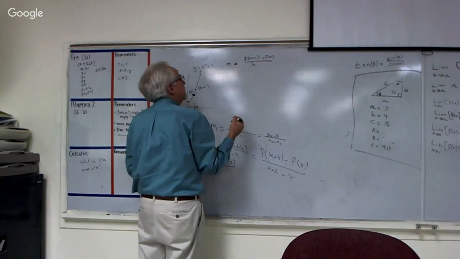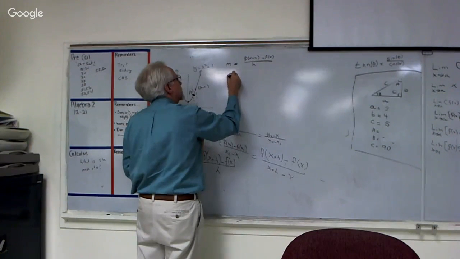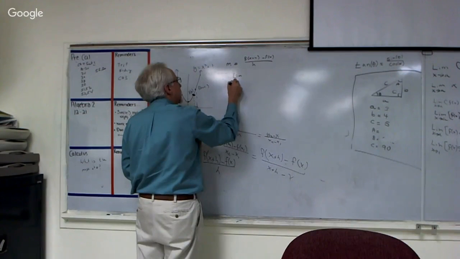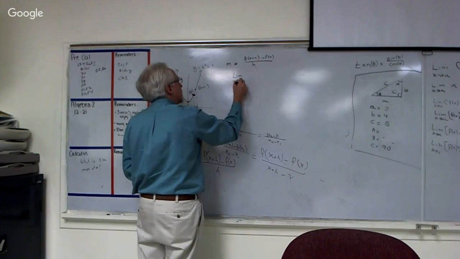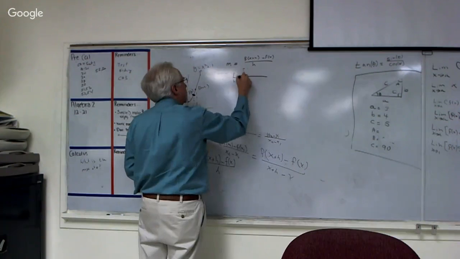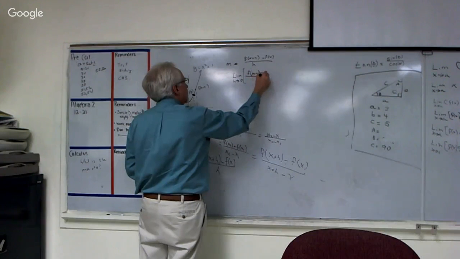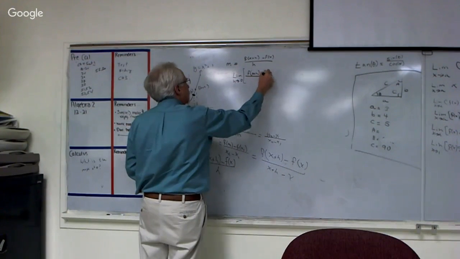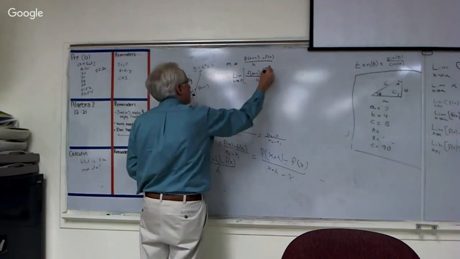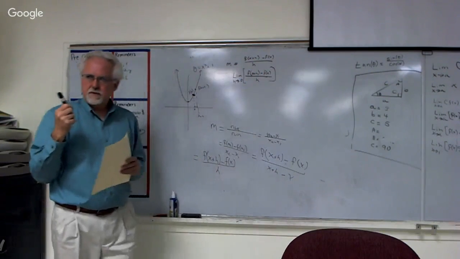And then you said to get the perfect one, you want to take the limit as h goes to 0 of f of x plus h minus f of x over h. Okay.